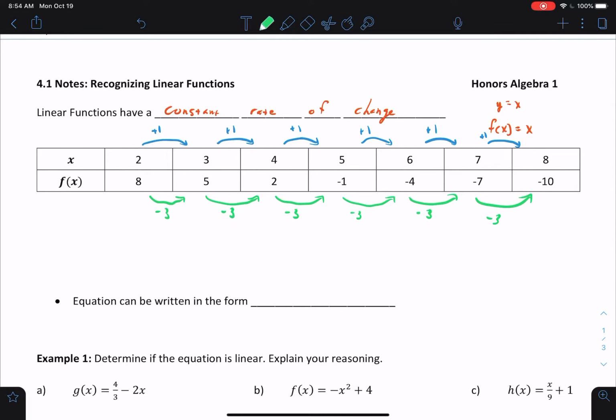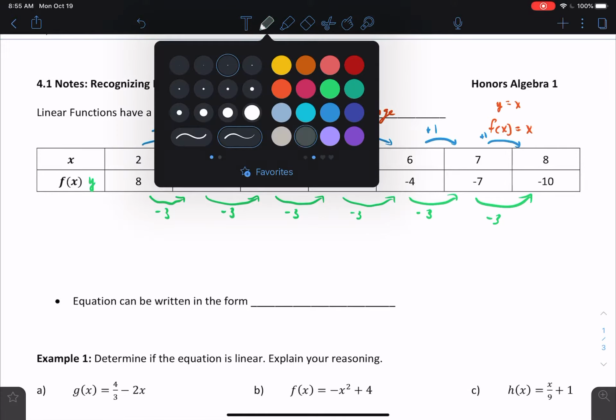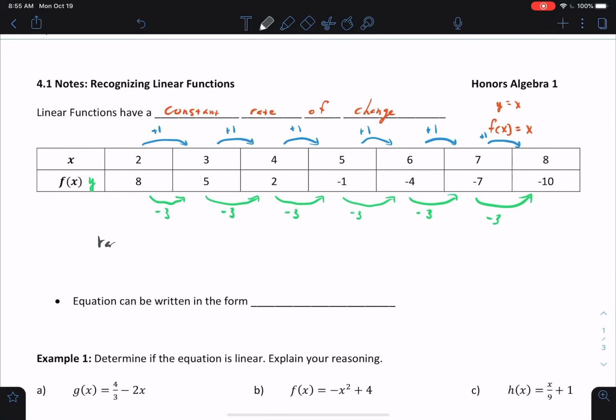So rate of change here is the change in y over the change in x. So y is going down 3 for every time the x goes up 1.